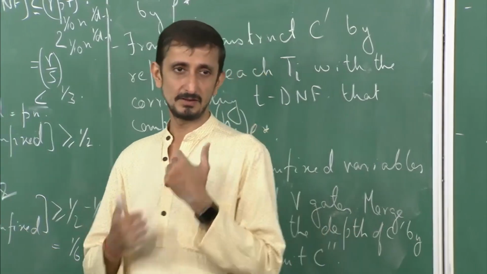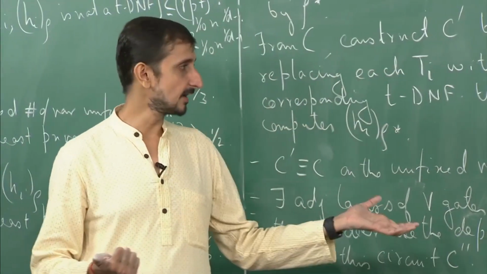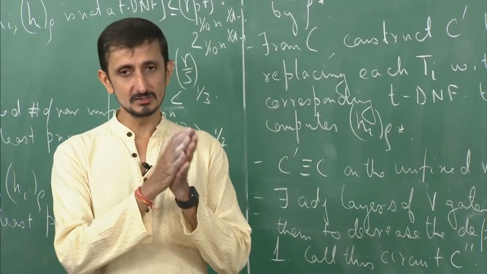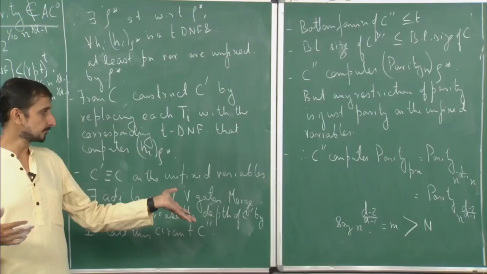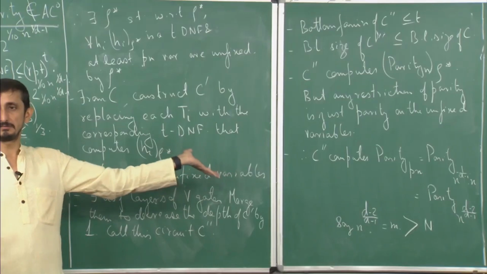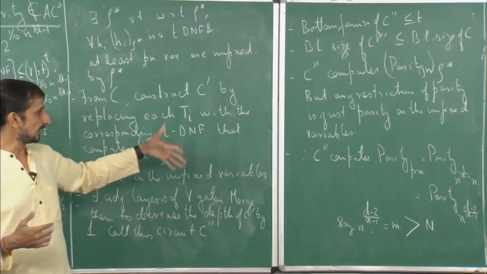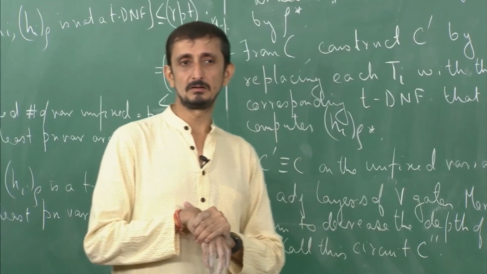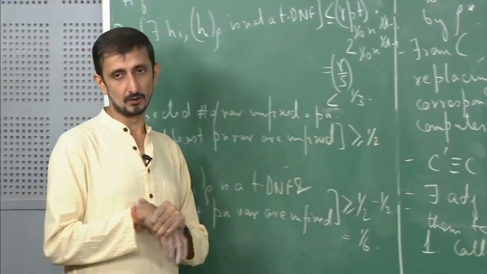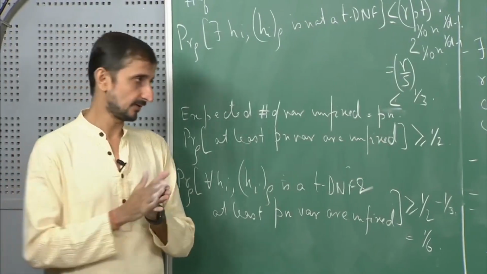That depends on my choice of probability. And then we argue that the parity of those unfixed variables is still a parity function, and therefore, I get a contradiction to the fact that it was true for d minus 1. Okay.